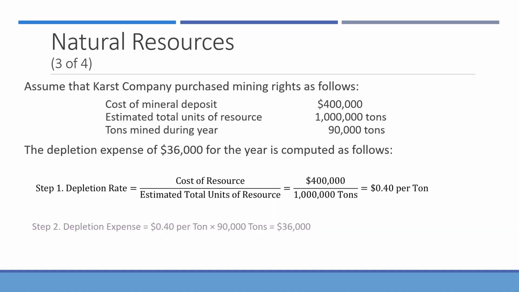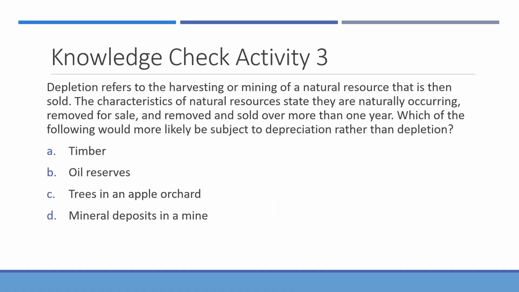So next year our base would be 400,000 minus the 36,000, and then we divide by the new 500,000 estimate. That would be how we'd adjust that rate.